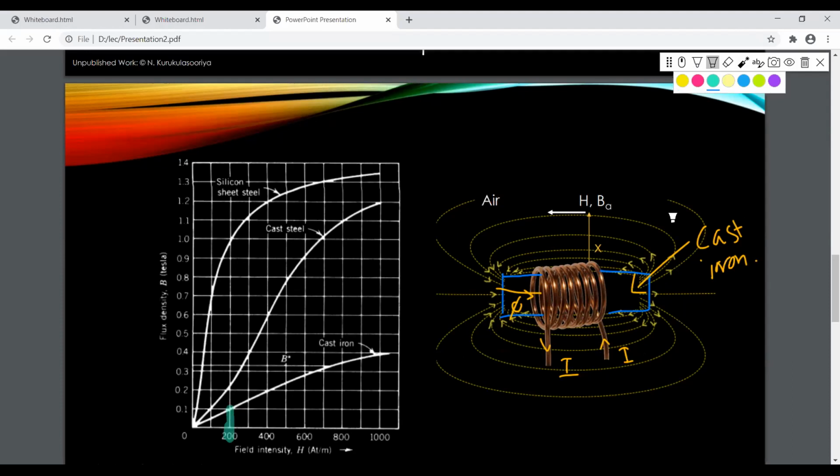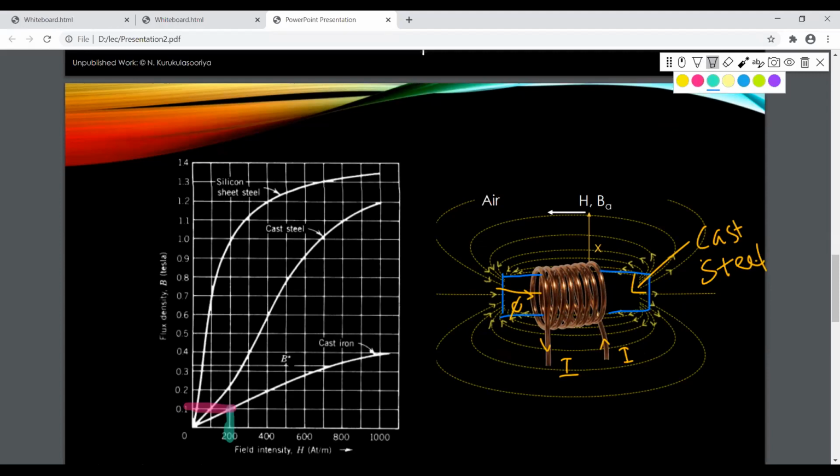Now, if you are going to insert a cast iron plate, what would happen is you would get a magnetic flux density of 0.1, right? And instead, if you insert a cast steel plate instead of cast iron, what would happen is, because the magnetic field intensity is not changing, it can only be changed by the current and the number of turns, so it's not going to change.